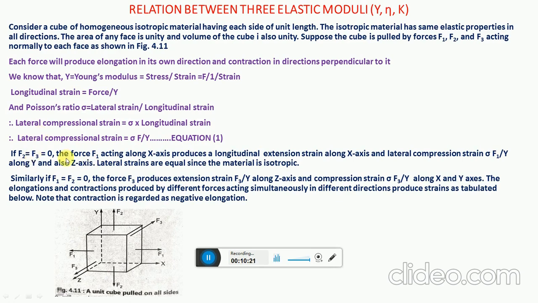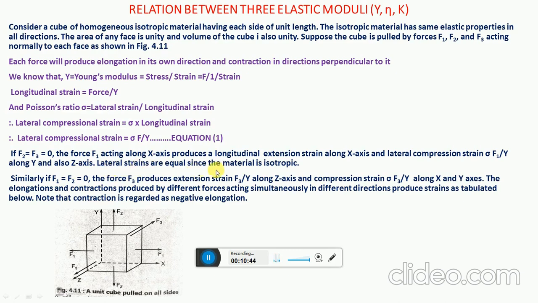Now we imagine that F2 is equal to F3 is equal to 0 and only one force F1 is applied, and here we have longitudinal strain along the x direction and lateral compression strain along the y and z directions.